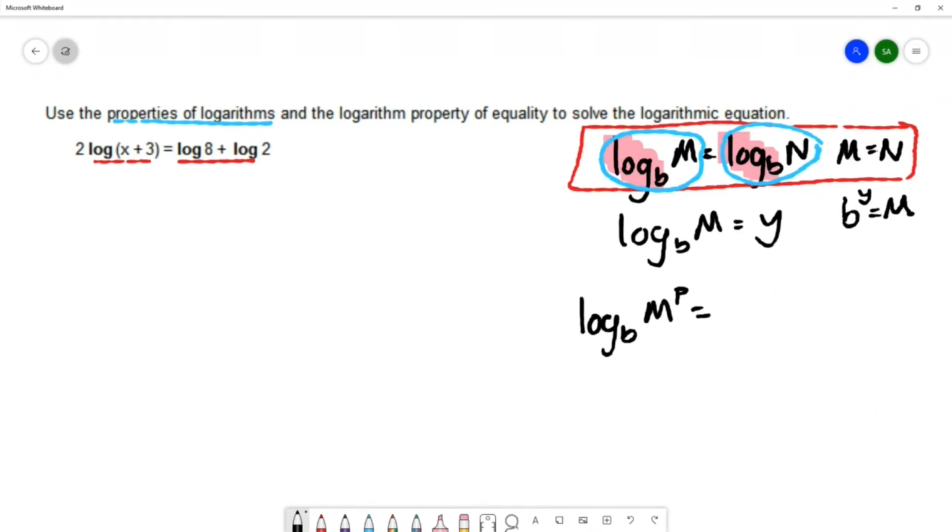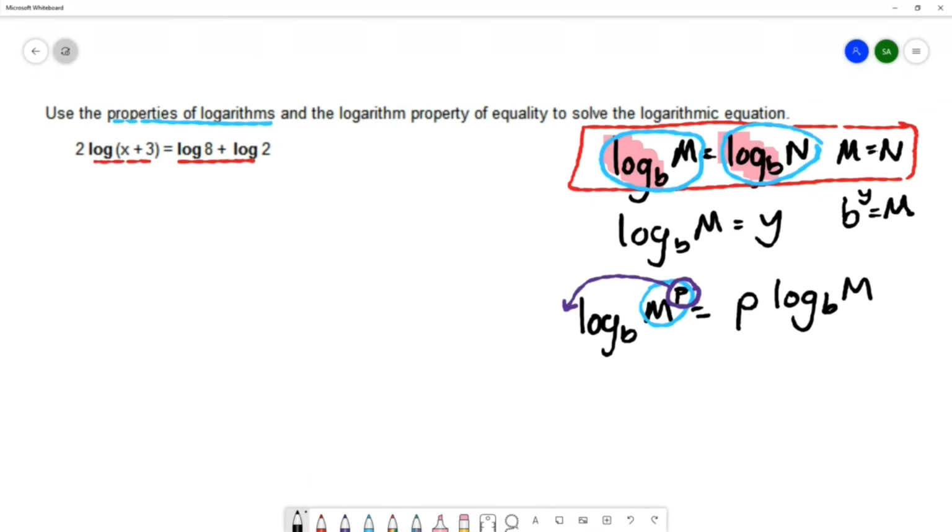Anytime you have a power in an exponential expression inside the logarithm, you're allowed to take that exponent, that power, and move it into the coefficient. So you can write this as that power times log base b of m.